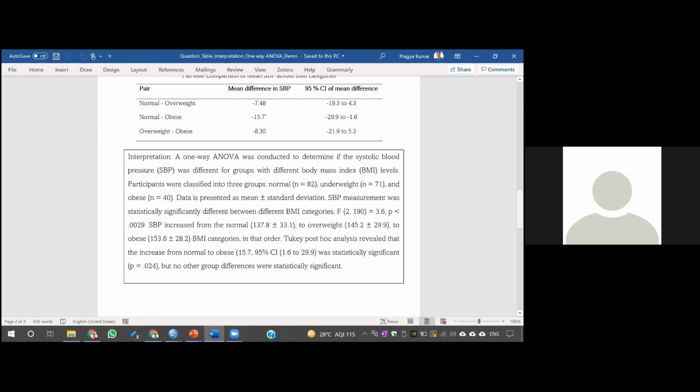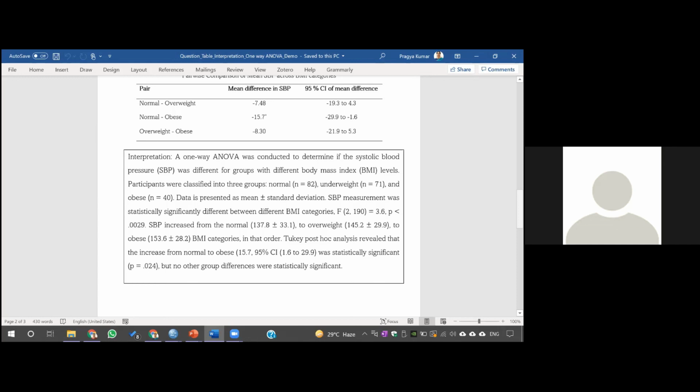Data is presented as mean plus or minus standard deviation. Systolic blood pressure measurement was statistically significantly different between different BMI categories, with degrees of freedom 2 and 190. F value with degrees of freedom 2 and 190 is 3.6 and p value is less than 0.0029.